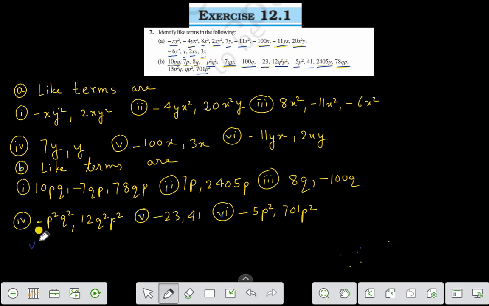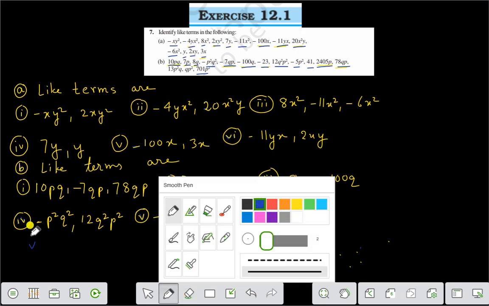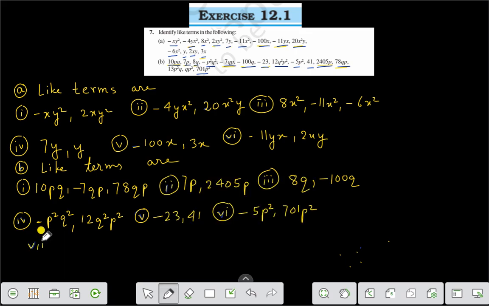The next term is 13p square q, and another term is qp square.